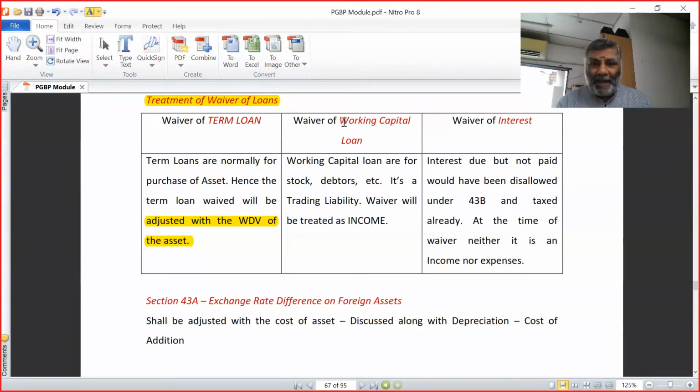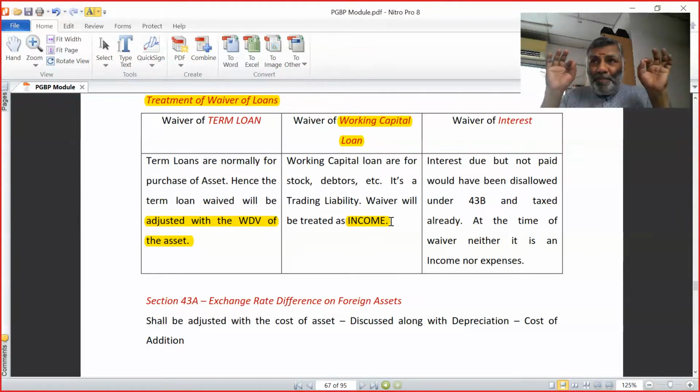Whereas working capital loans, what are they? Trade credit, OD, cash credit, etc. Working capital loan for stock and debtors is a trading liability. Waiver will be treated as income because we just saw the law itself says if there is a cessation of trading liability, if the trading liability is no more payable, then it will be treated as income.